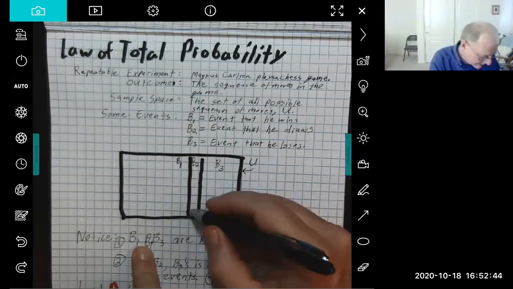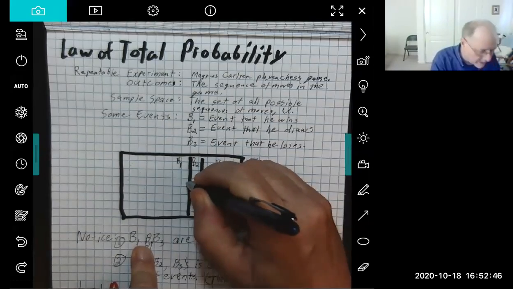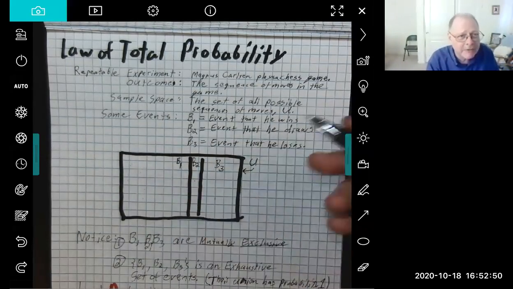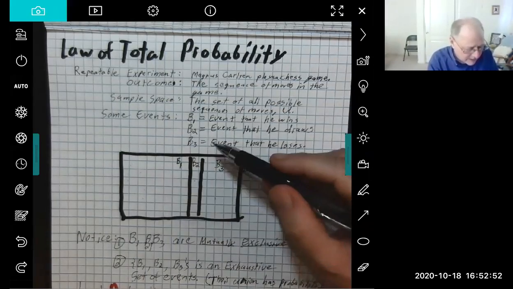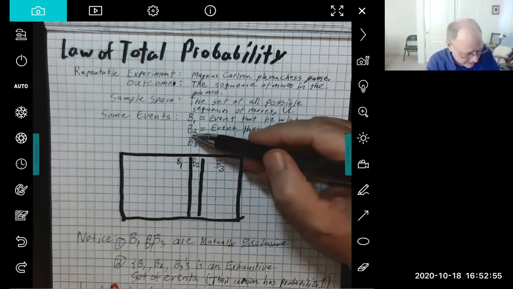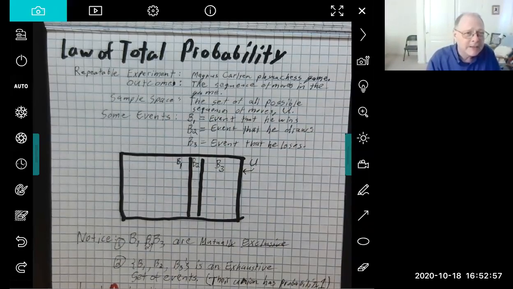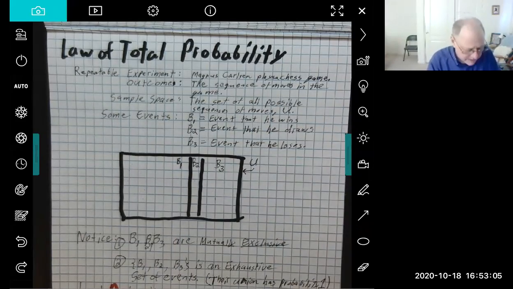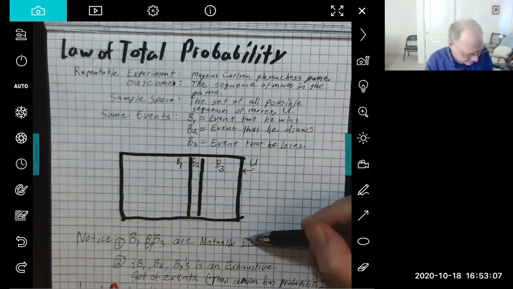You see, an outcome is going to be either in B1 or in B2, but it's never in both. So the probability of the intersection of any two of these is 0. In fact, there are not any outcomes with chess that are in more than one category. So that's what I mean by mutually exclusive.